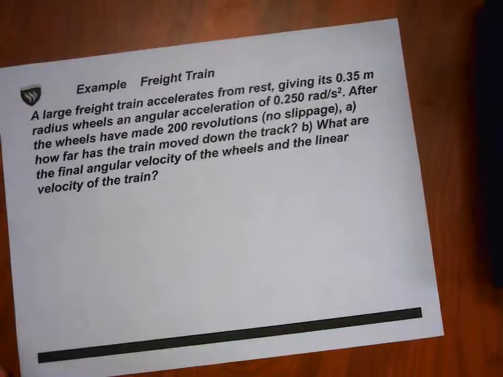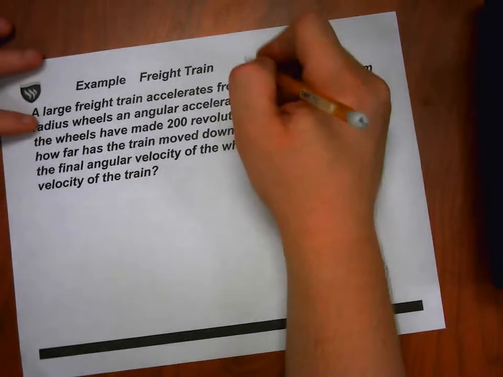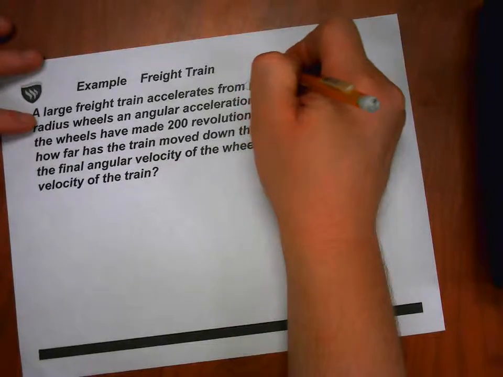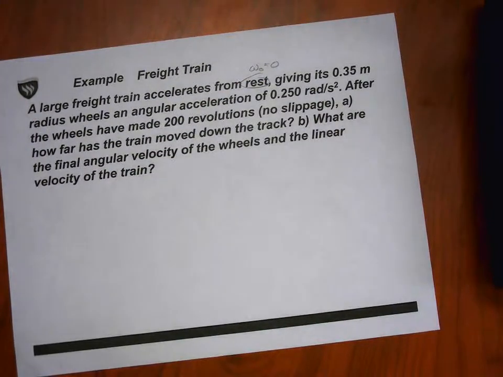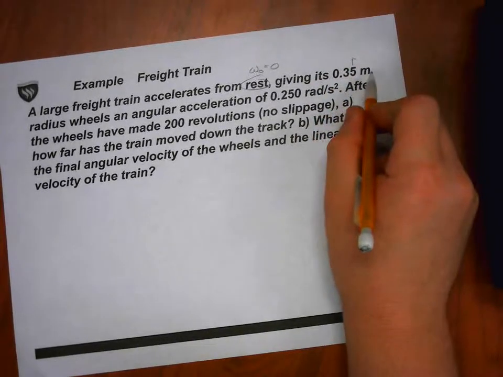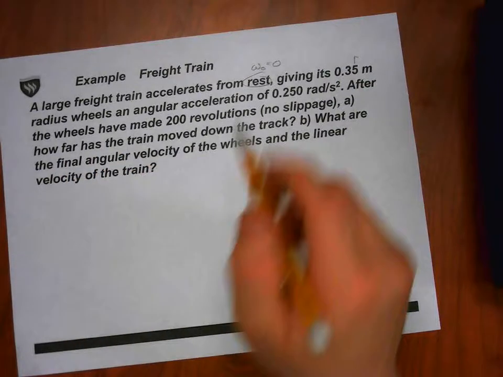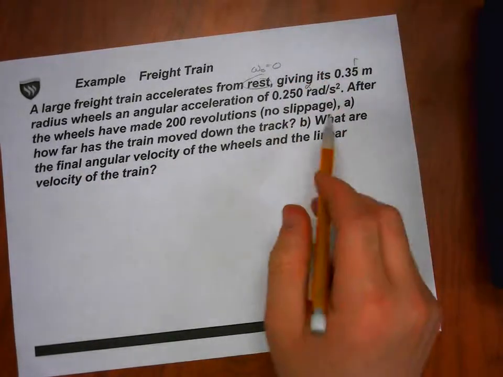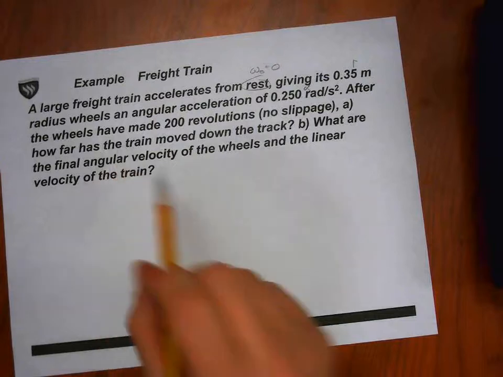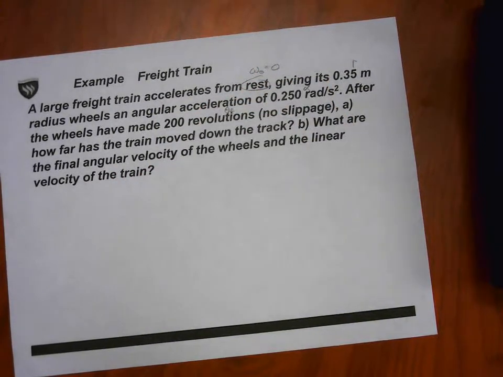Okay, our final problem is we have a large freight train that accelerates from rest. So omega originally is 0, with 0.35 meter radius wheels and an angular acceleration alpha, and after the wheels have made 200 revolutions, so this is theta final, how far has the train moved down the track?